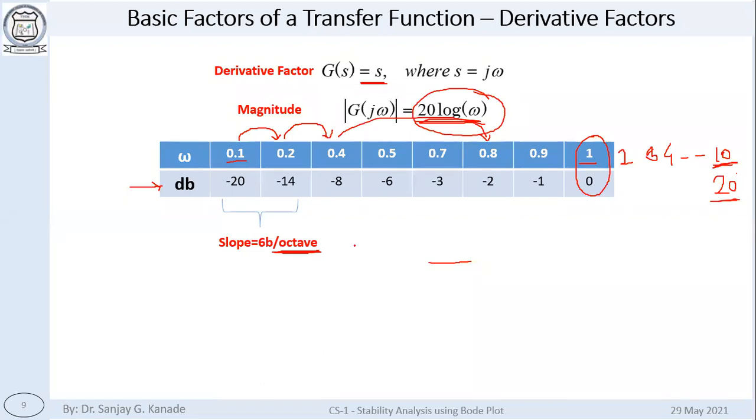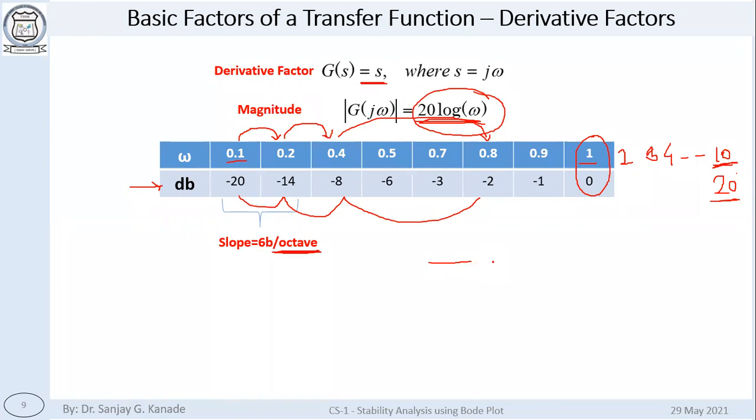And for this particular slope line, you can see that the slope is 6, 6, 6 dB per octave, right? 20 dB per decade or 6 dB per octave. Both are the same things. Just because sometimes, especially in case of MCQs and orals, you may be asked this question.